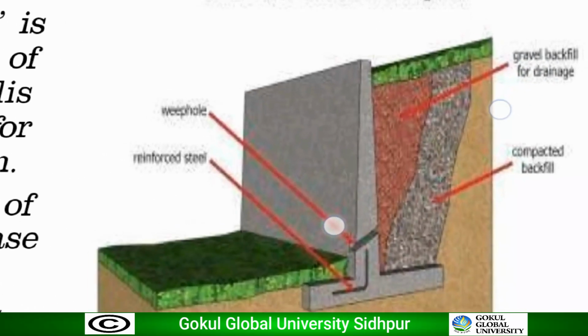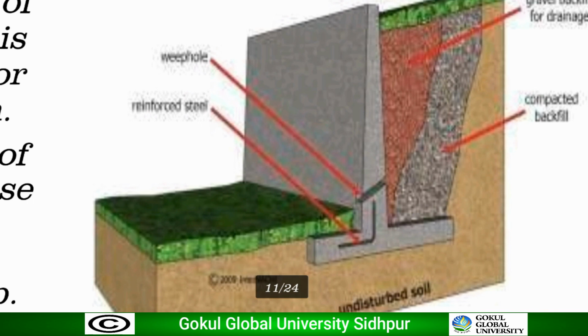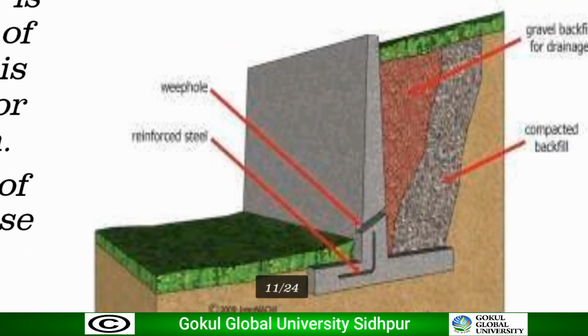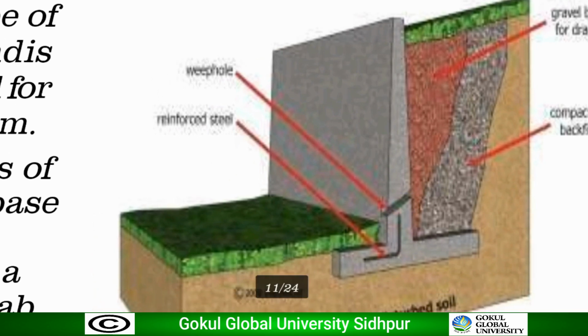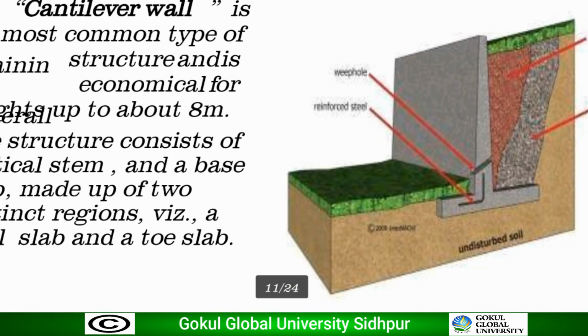In the figure, we can see that different types of reinforcement steel are provided here. Below, there is undisturbed soil, and above, the backfill is provided. In a cantilever retaining wall, weep holes are provided to drain out water during the rainy season.